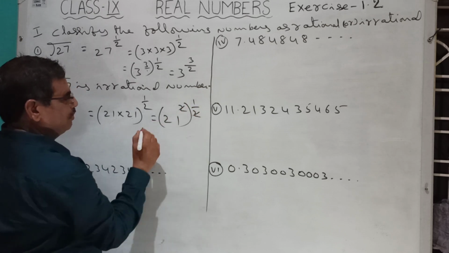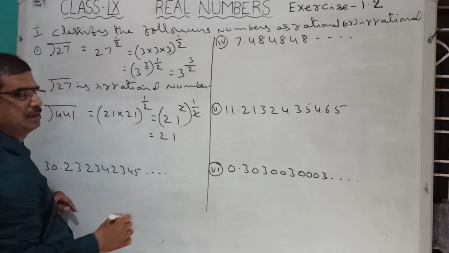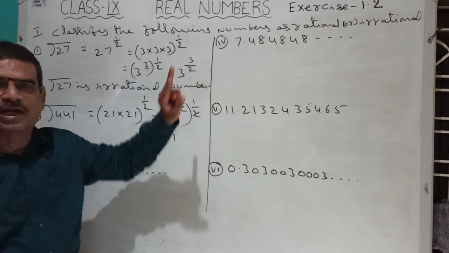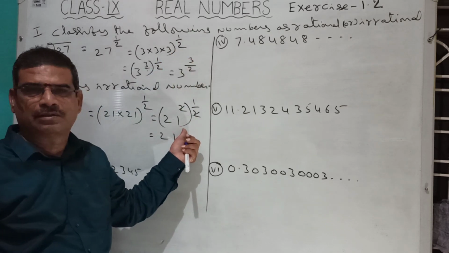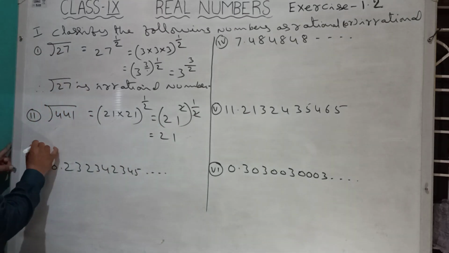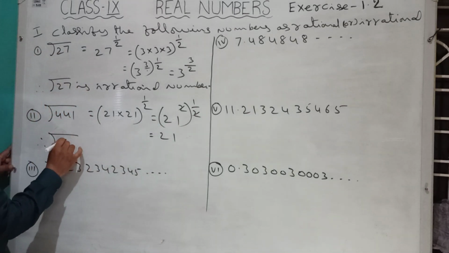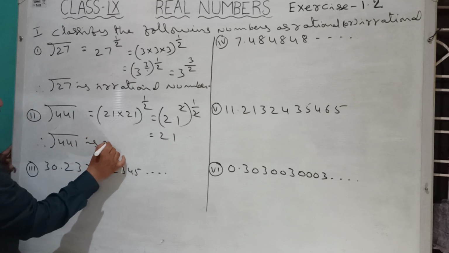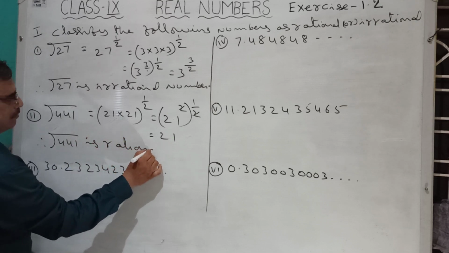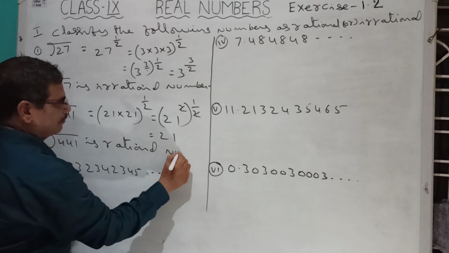So this 2 will get cancelled, giving 21. So in the exponent, there is no fraction, only simply 1. So this is a rational number. Therefore, root 441 is a rational number.